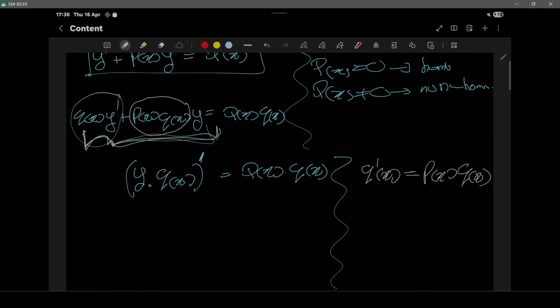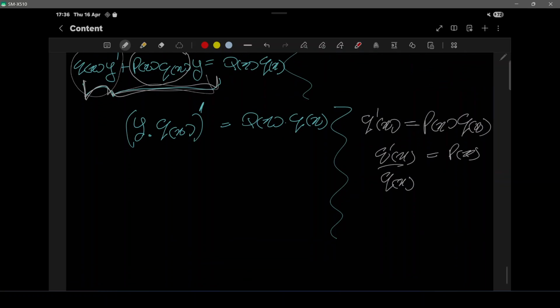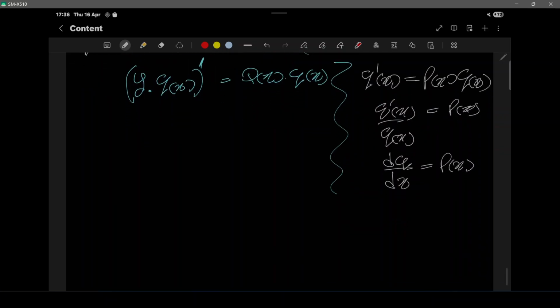So now let's find out what Q(x) is. Q'(x) over Q(x) is equal to P(x). So what does Q'(x) mean? Q'(x) means dQ over dx over Q(x).